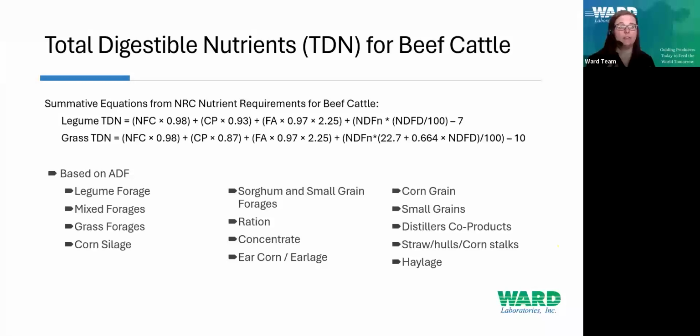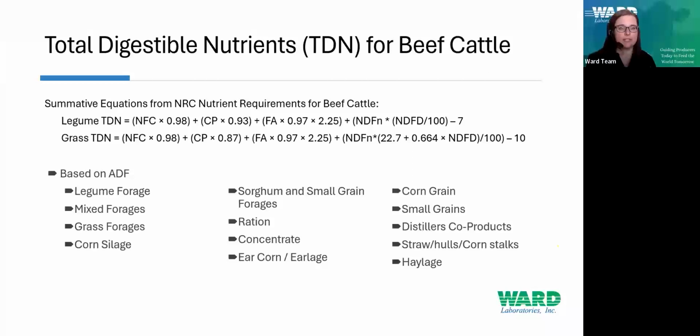If you are running a full NIR analysis, which is what we recommend, you will be getting a summative calculation for your TDN, which is going to depend on what kind of forage that it is, and if it's mixed hay, we would typically apply the legume calculation. If it seems like the grass hay actually is a better fit, we might do that too.